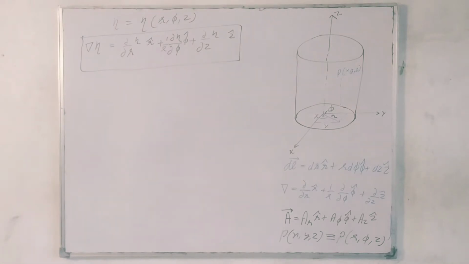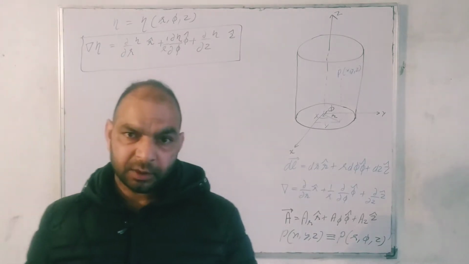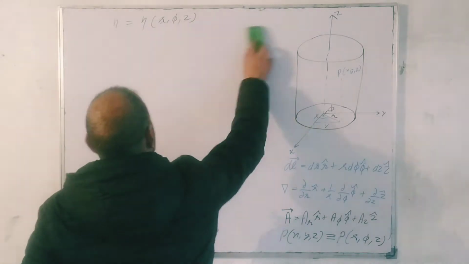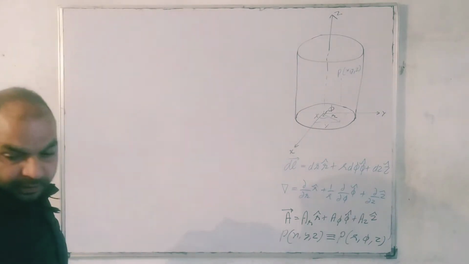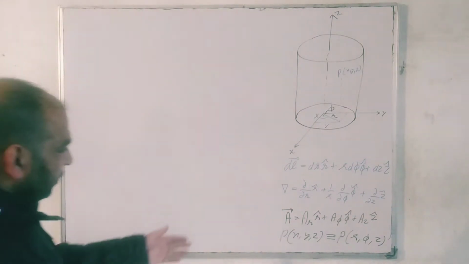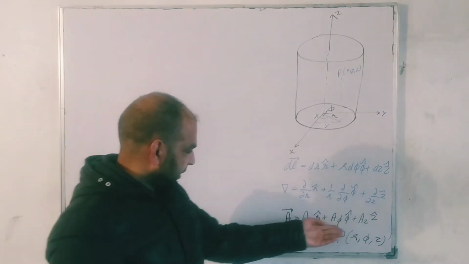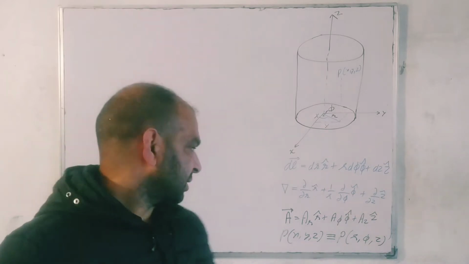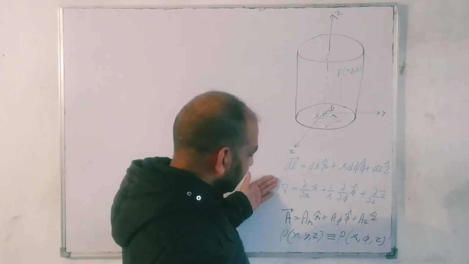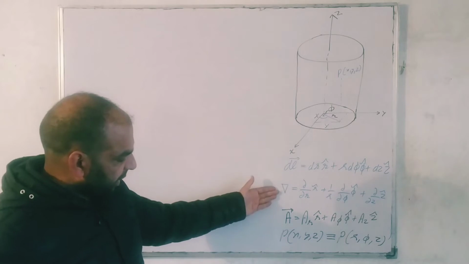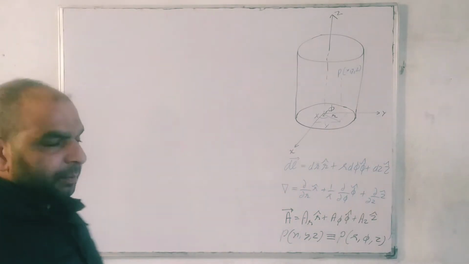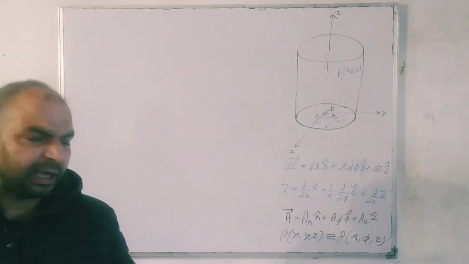Next we will explain divergence in the cylindrical coordinate system. Divergence is defined for a vector quantity. Suppose we have any vector field represented by this vector. This is a vector field in the cylindrical coordinate system, and this is the del operator in the cylindrical coordinate system. When we operate this operator on this vector by taking its dot product, that is called divergence.